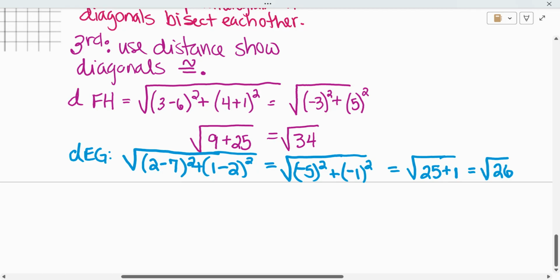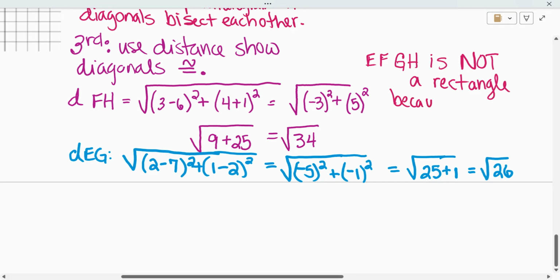Are those the same? No, they're not. So what does that mean? That means that E, F, G, H is not a rectangle because the diagonals are not equal.